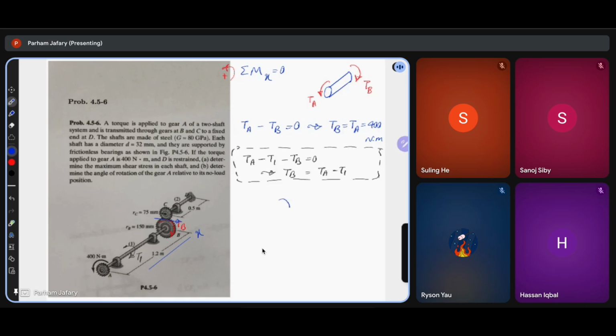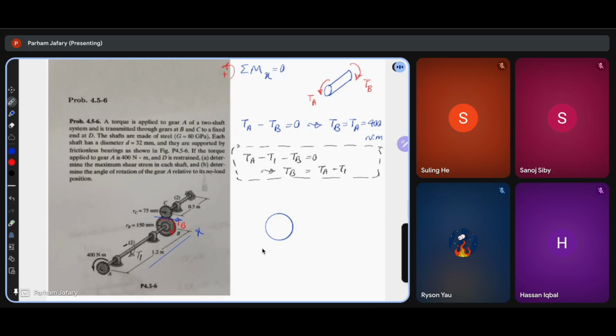when we have two gears in contact with each other, the force in the middle is equal. Okay?